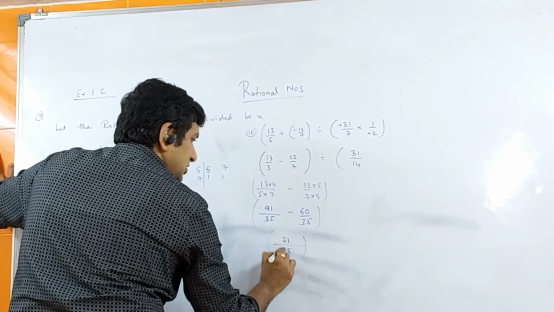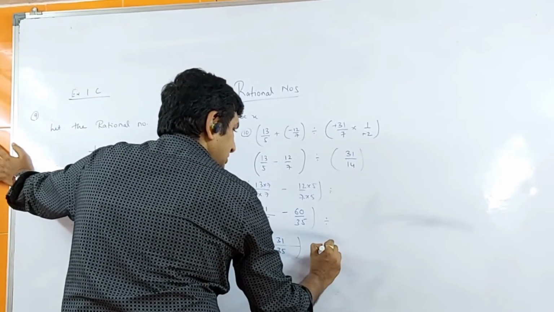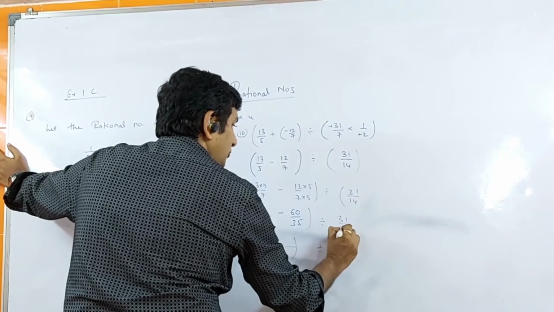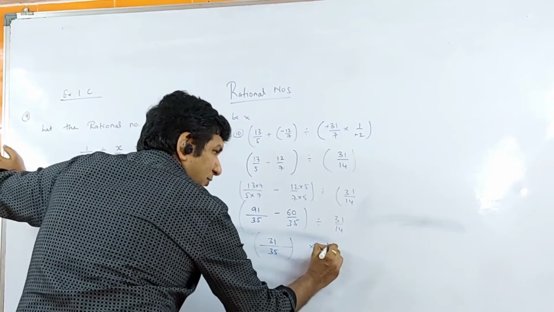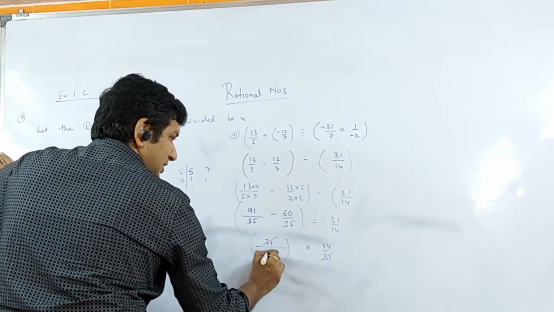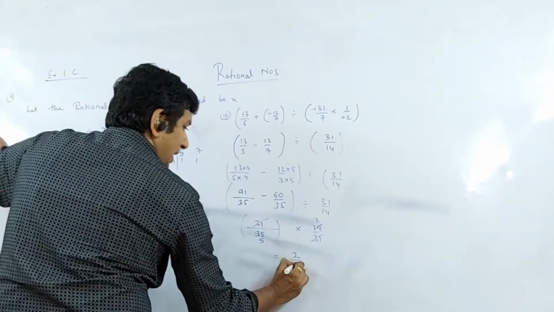So this is the first bracket I have solved. The second bracket will remain as it is. 31 upon 14, and this division now becomes multiplication: 14 upon 31. Now 31, 31 cancel. 7 5s are 35, 7 2s are 14. Hence the answer is 2 by 5.